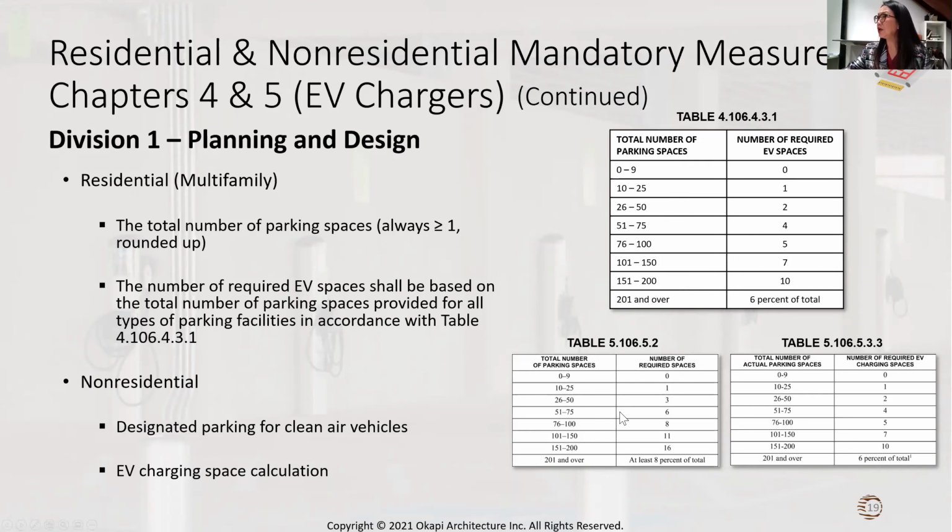The one lower down, the 2 tables: the one on the left side is the parking spaces, about 8%, so it's a little bit higher. On the right side is the EV charging stations, about 6%. You can be assured that by 2022 it would be different and the number would be higher.